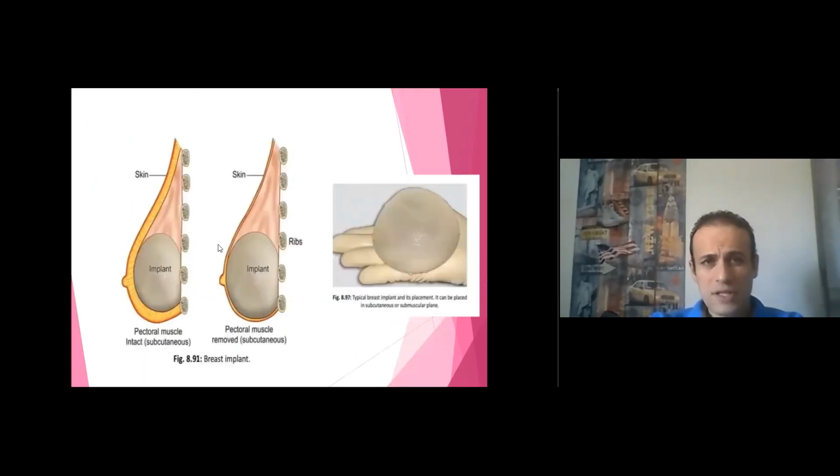Here, for example, is an implant directly under the skin, and here is one under the muscle, and we can see that there is more stability if it is placed under the muscle.